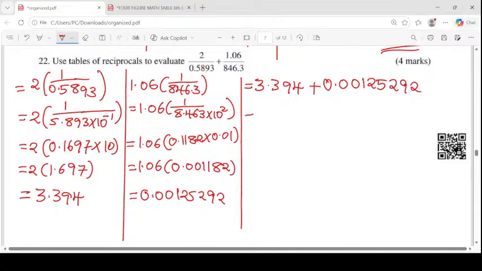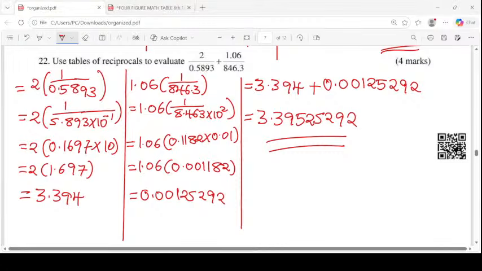When you add them together, we are getting 3.39525292 as the solution to our answer, ladies and gentlemen. You can see how simple mathematics is. Very simple mathematics. No struggles, just basic playing with numbers, then you are done.